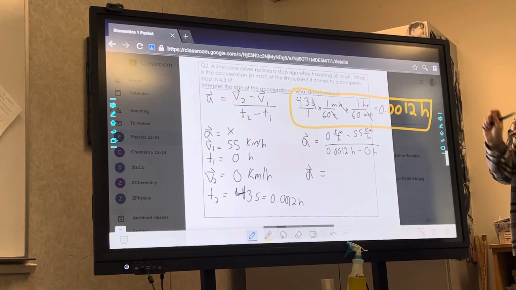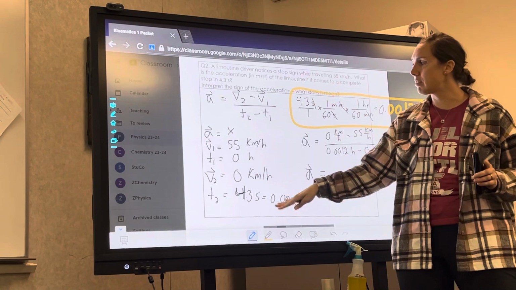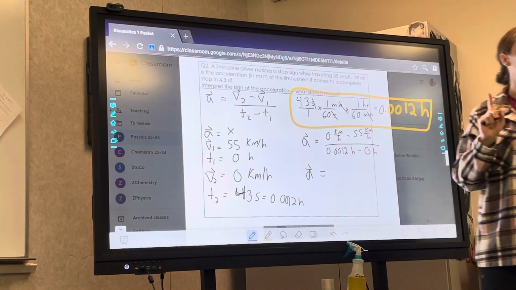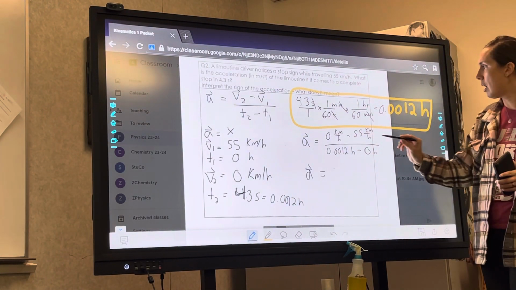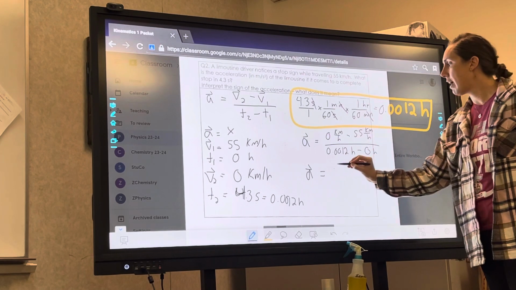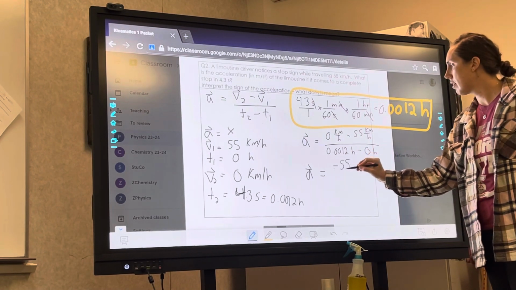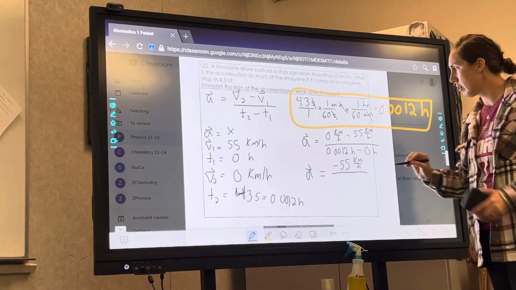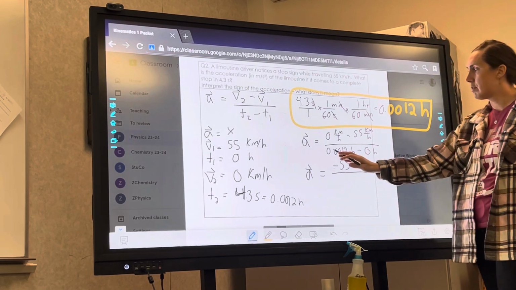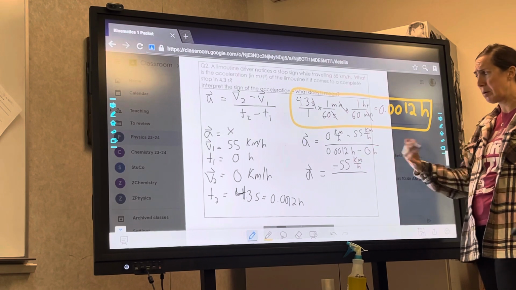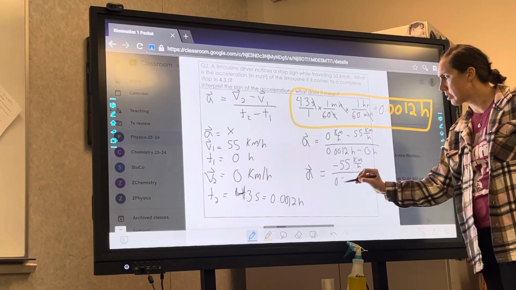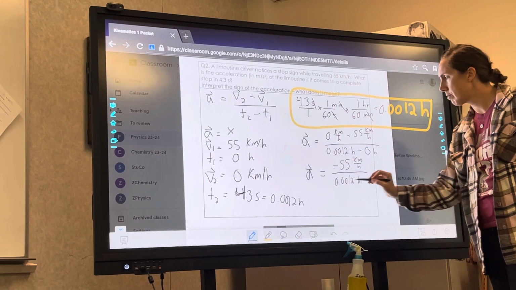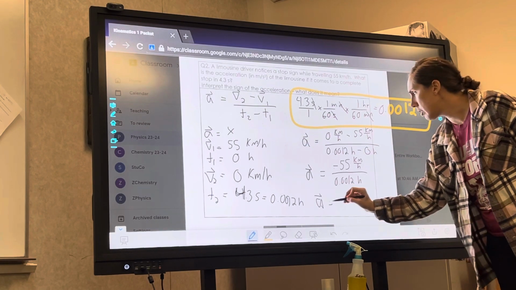Even if we keep all of our variables positive, our math will give us the correct signs. So ready? 0 minus 55 is negative 55 kilometers per hour, all over 0.0012 minus 0, which is just 0.0012 hours.